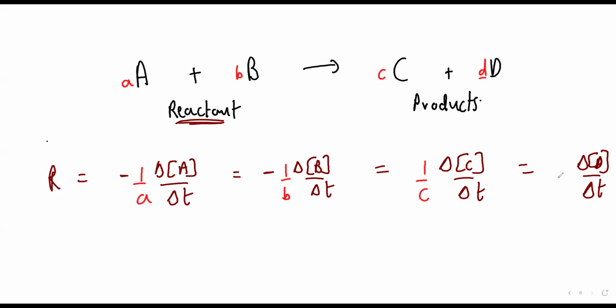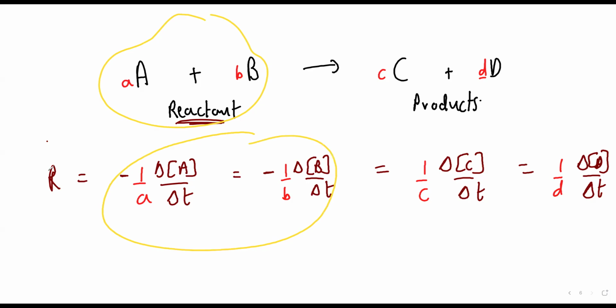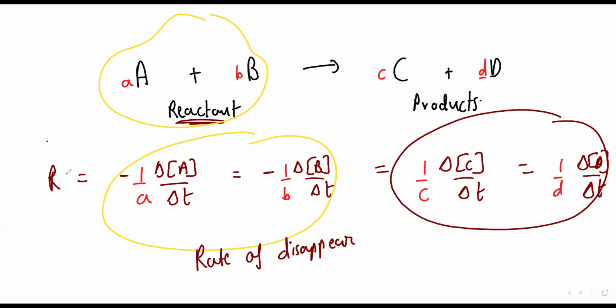During the course of reaction, what happens to the reactant? They disappear or not? So this is nothing but the rate of disappearance. And products are formed or not? So this is the rate of appearance or rate of formation.